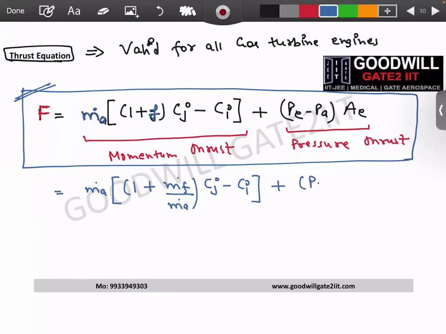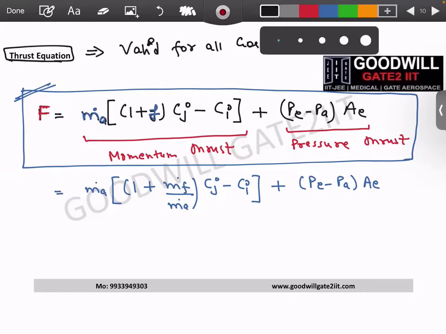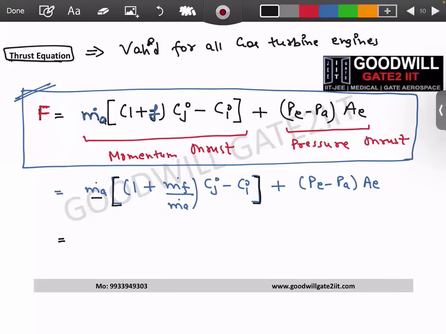And then you have your pressure thrust, pressure and area. It's fine. Now what I'll do is, I'll multiply this m dot a inside this bracket. All right, now let's do it together. When you multiply this m dot a inside, this first term becomes m dot a. If you multiply with this term, m dot a and m dot a get cancelled out and you get this.